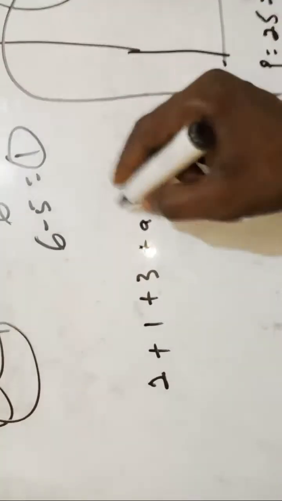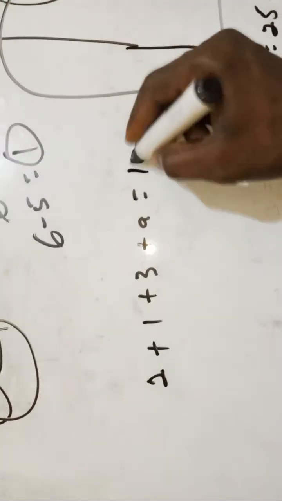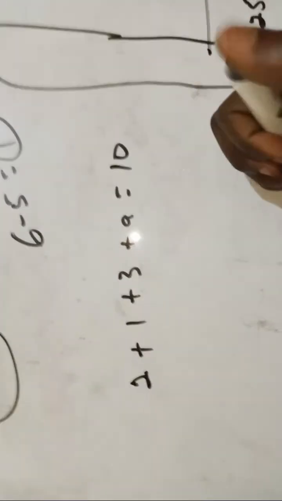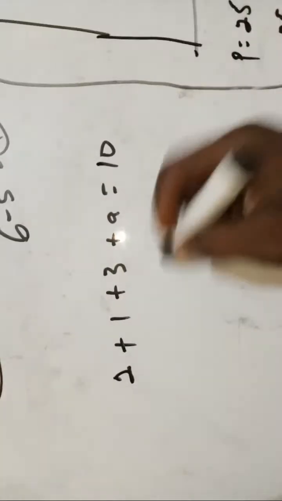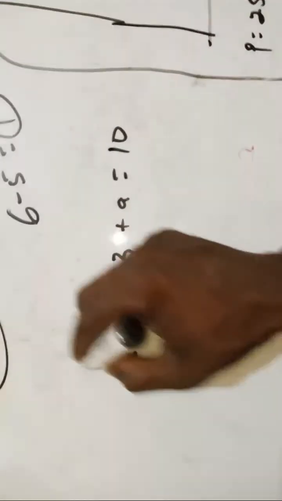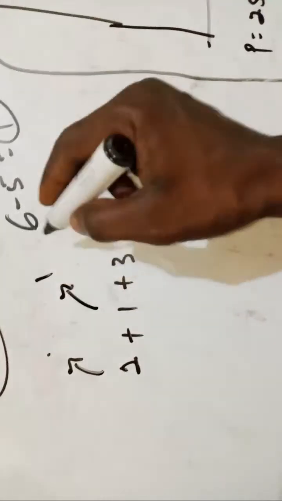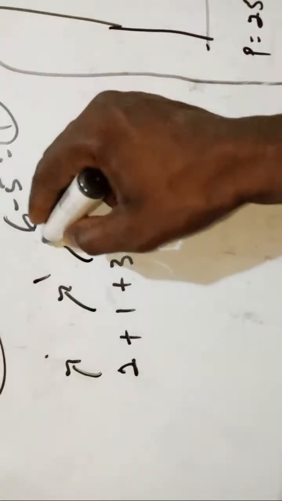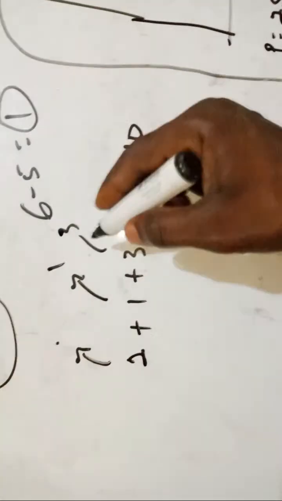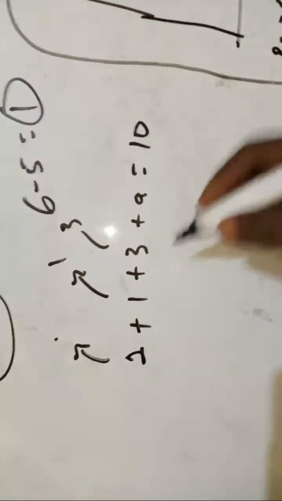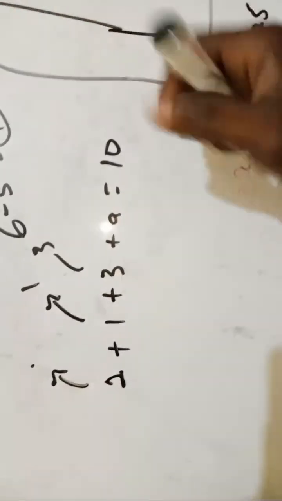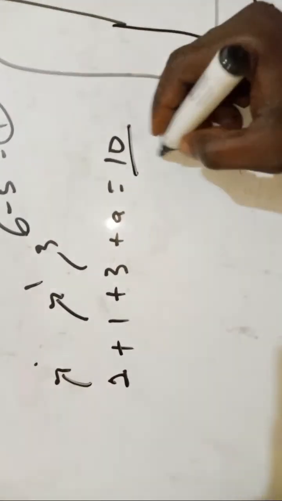But we know that the people in the entire rooms together have 10. Maybe the first person has just 2 cedis or maybe $2, this guy has $1, and this guy has $3 or 3 cedis, something of that nature. But we know that if you add all your money, you should have 10, so maybe 10 cedis or $10.